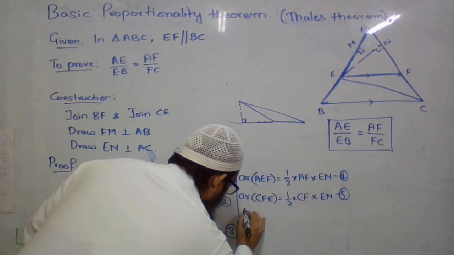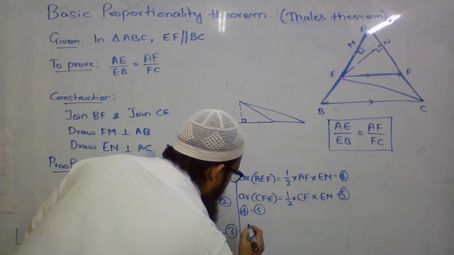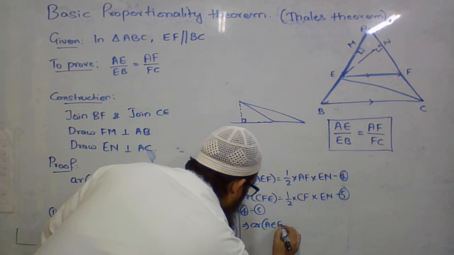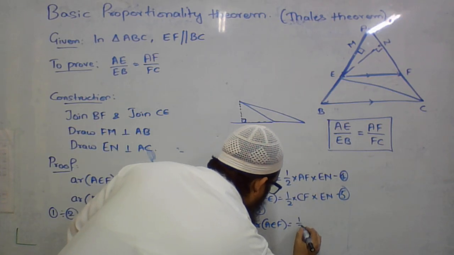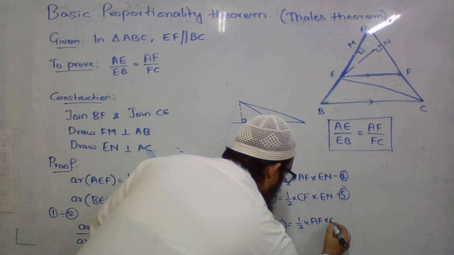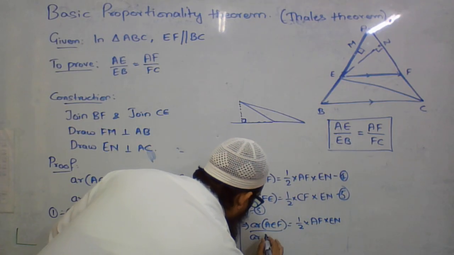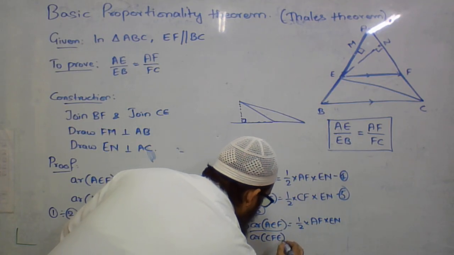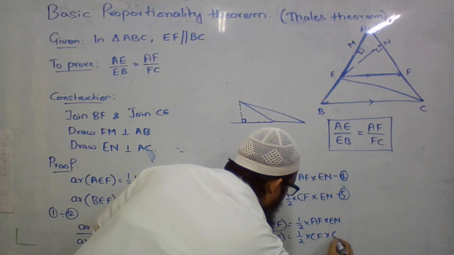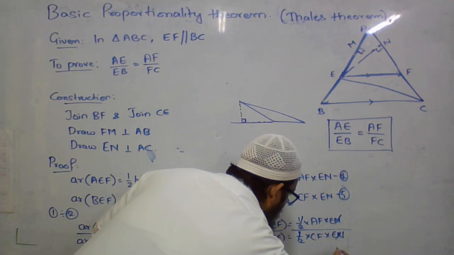Now what I am going to do? Fourth equation divided by fifth equation. So that implies area of AEF is equal to half into base AF into EN, divided by area of CFE, which is equal to half into CF into EN. Half gets cancelled, EN gets cancelled.